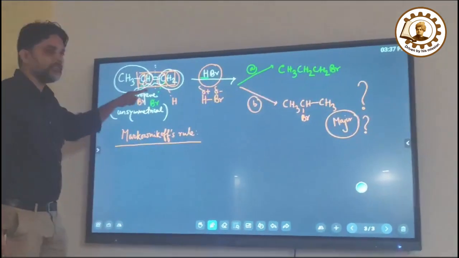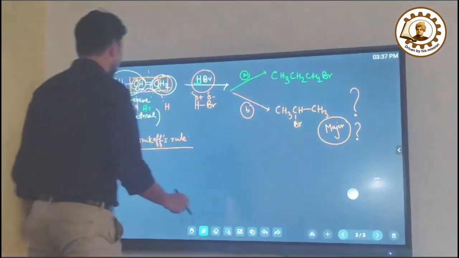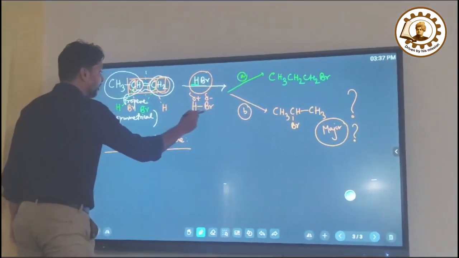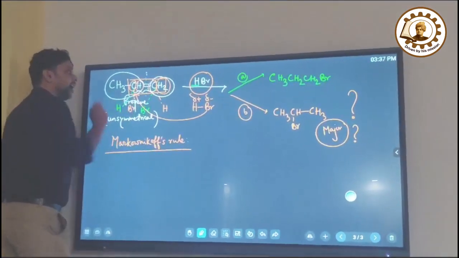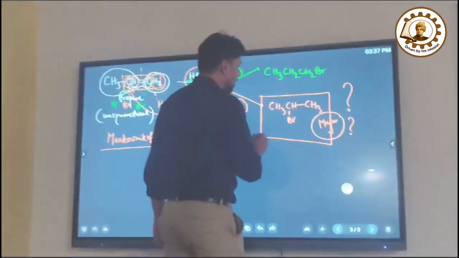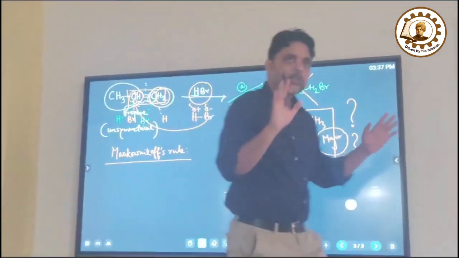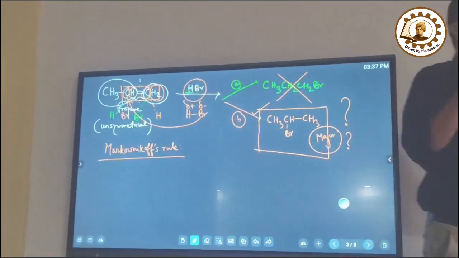So this carbon has the lesser number of hydrogen atoms, so the negative part should be added to this carbon, and this will be our major product. This will be our correct answer, and this will be the wrong answer. So this is all about Markovnikov's addition in a double bond.